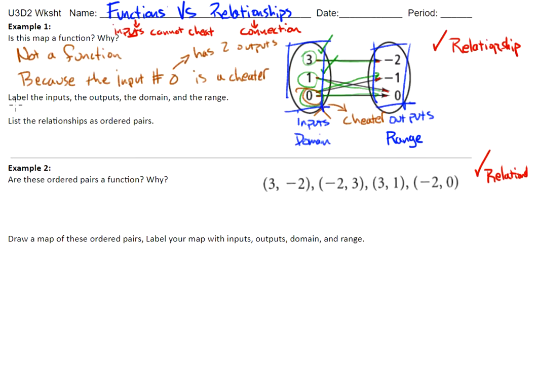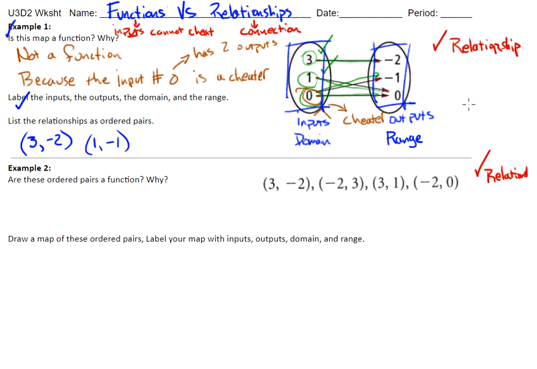So we've done this part. Now, let's list the relationships as ordered pairs. Let's say 3 is in a relationship with negative 2. My next ordered pair would be 1 is in a relationship with negative 1. My next one would be 0 is in a relationship with negative 1, and 0 is in a relationship with 0.